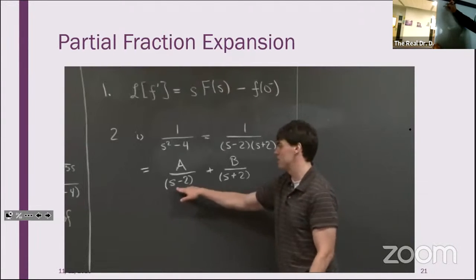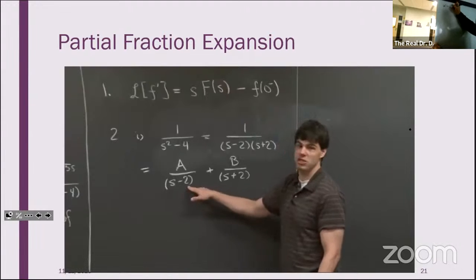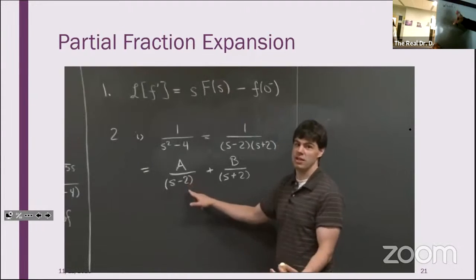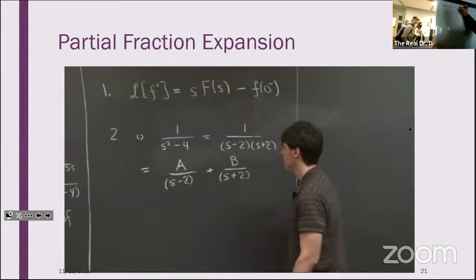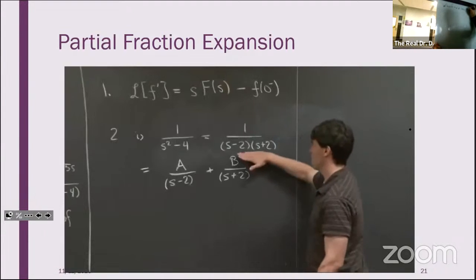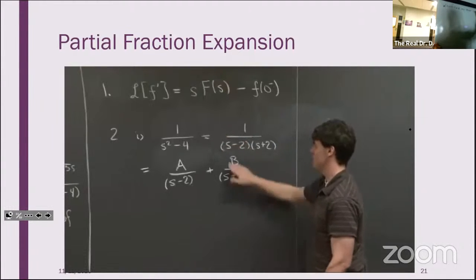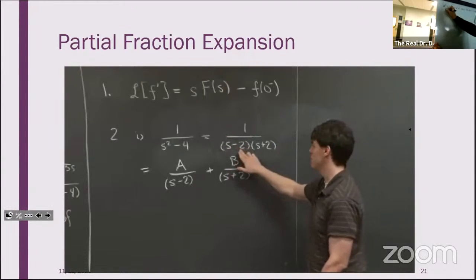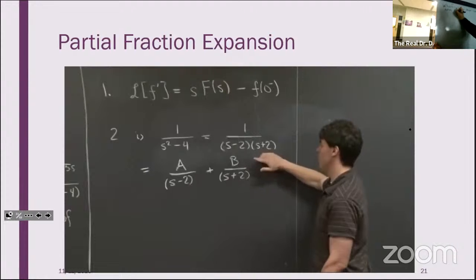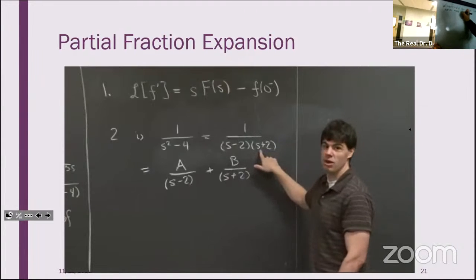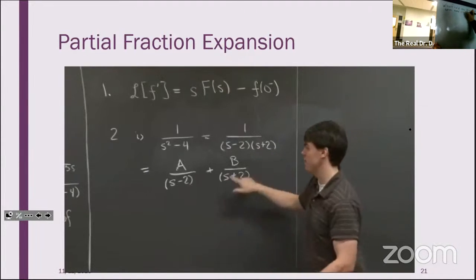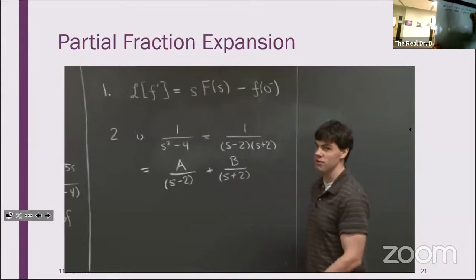For example, the factor s minus 2 diverges when s approaches 2. So we go back to our original function, cover up the term s minus 2 where it diverges, and then in the remaining term, we plug in the value of s which causes the factor s minus 2 to diverge.